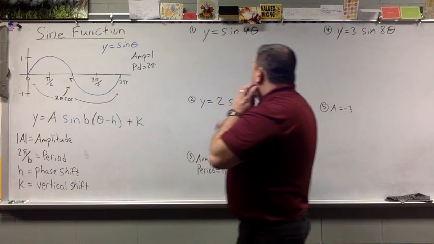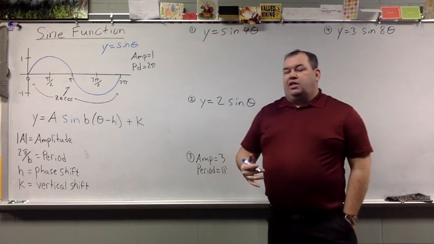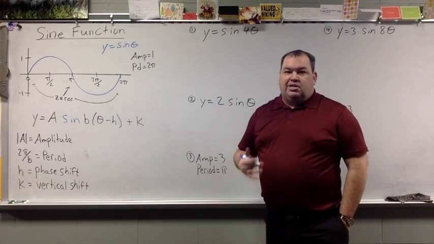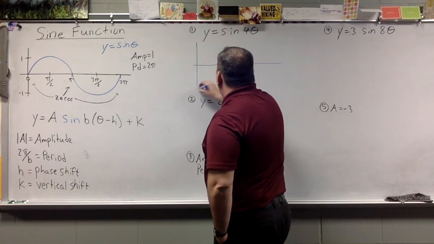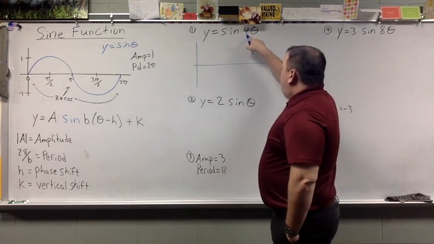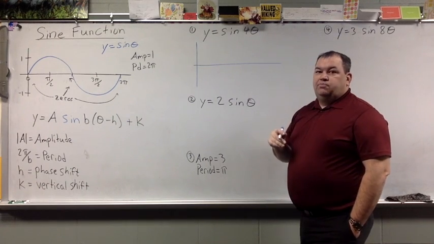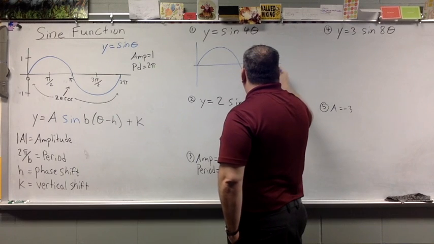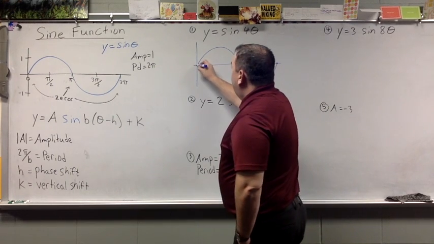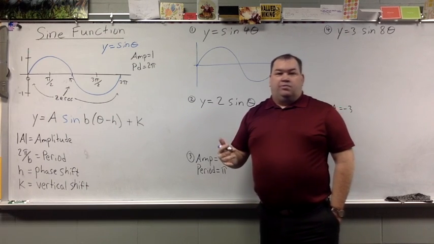So let's take a look at one of these. And we're going to attack this a little differently than you might see in textbooks. In textbooks, what they're going to do is they're going to take this number and they're going to show you what the graph would look like with that change. What we're going to do is we're going to take a normal sine curve and we're going to make change to our scale.